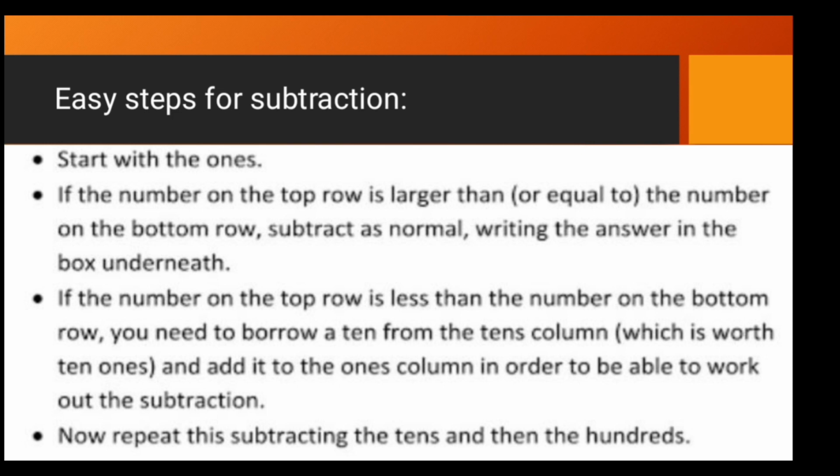If the number on the top row is less than the number on the bottom row, you need to borrow a 10 from the tens column, which is worth 10 ones, and add it to the ones column in order to be able to work out the subtraction. Now repeat this, subtracting the tens and then the hundreds.